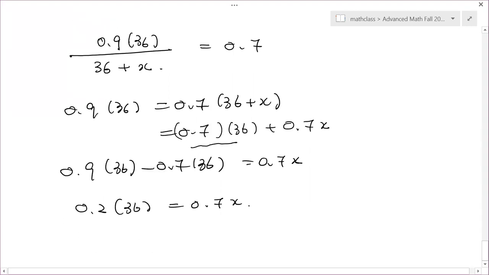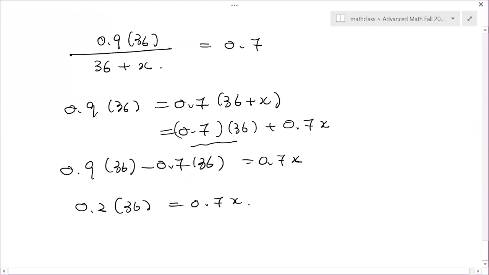Okay, so 36 times 0.2 is going to be 7.2. X is going to be 7.2 divided by 0.7.